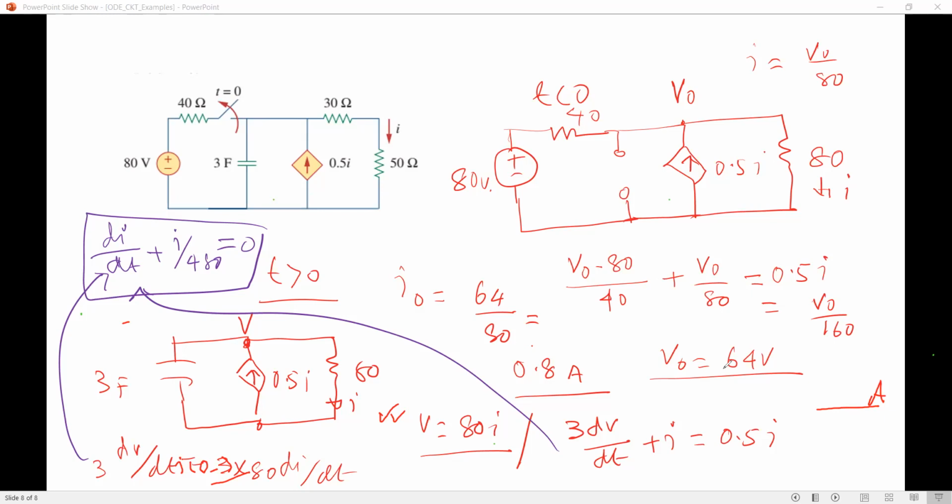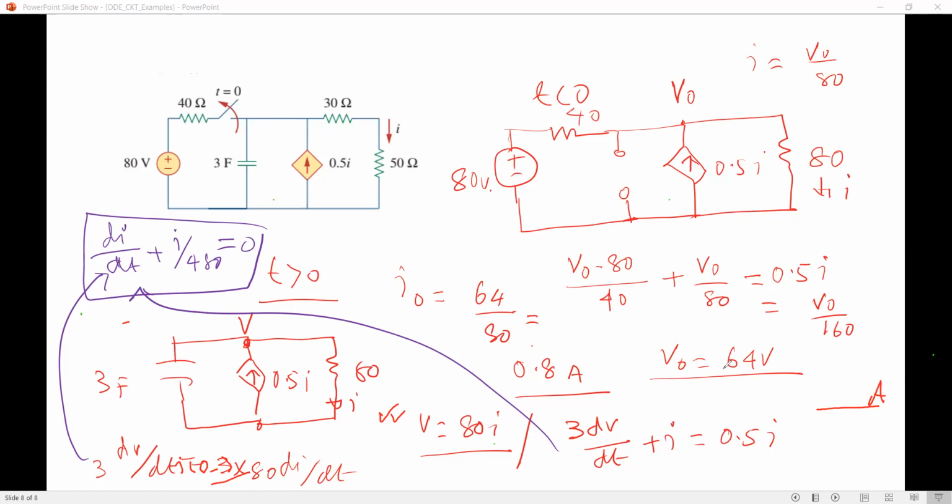So it is a similar statement: we have our switch closed for a long time, and at time t equal to 0 our switch is opened. Yes, exactly, very good.